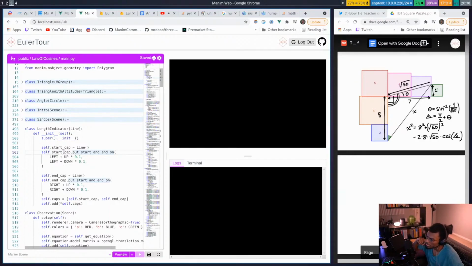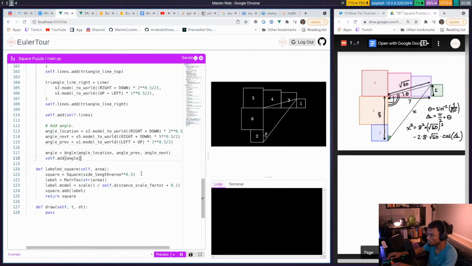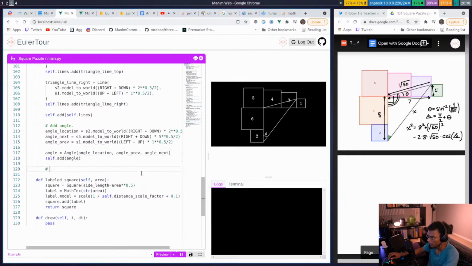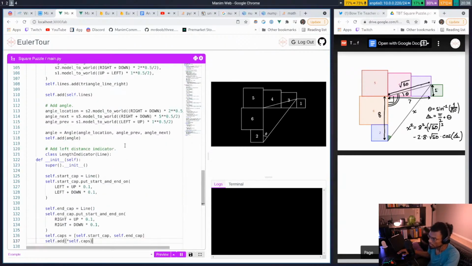I guess since it's composed of lines, I just did transformations on the entire line. But it'd be nice if this object had its own put start and end on function. Left distance indicator. Oh, well.